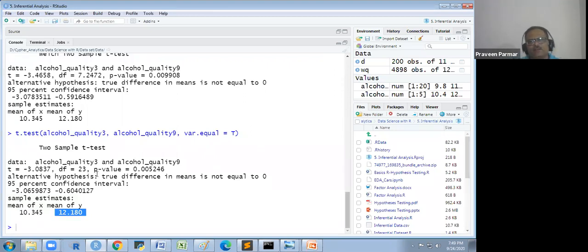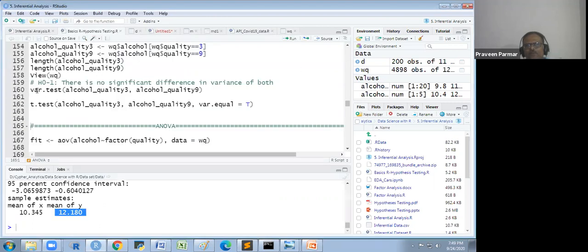So here we get the mean of x and the mean of y. Does that make sense to everyone? Okay. So for the independent t-test, we always first test the equality of variance. But that is done with var.test. Is it clear to all?